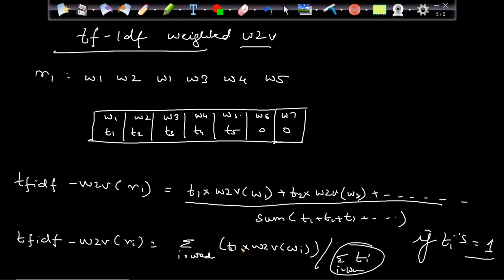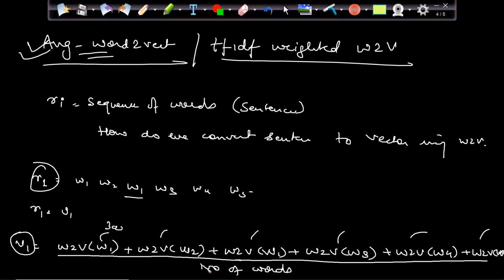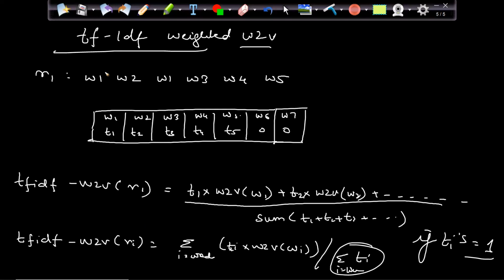So what you are doing is word to vec upon number of words. So when my TF-IDF Ti values are 1, it is considered as average word to vec, which is obviously not possible in real time. But if that happens.